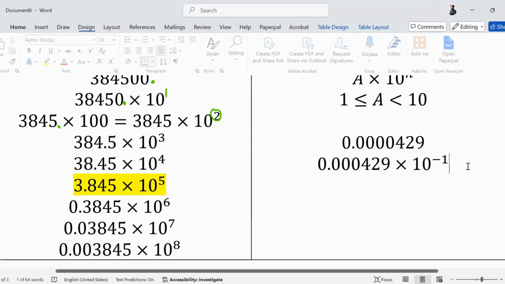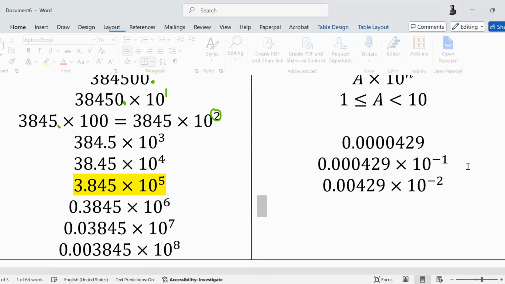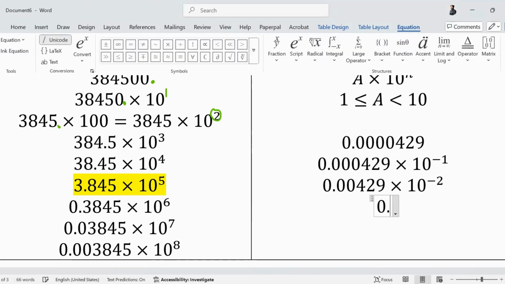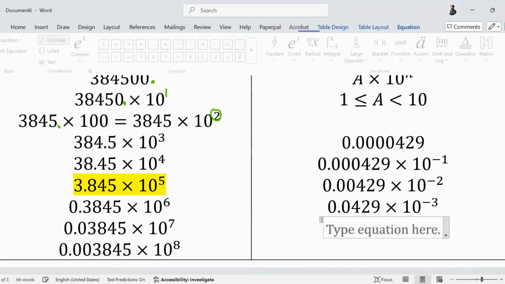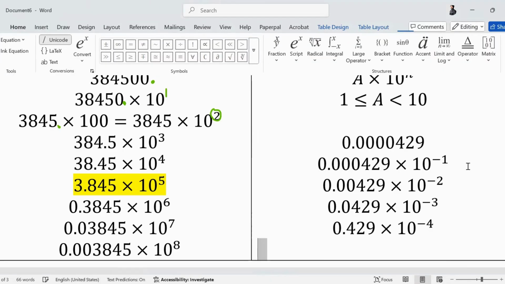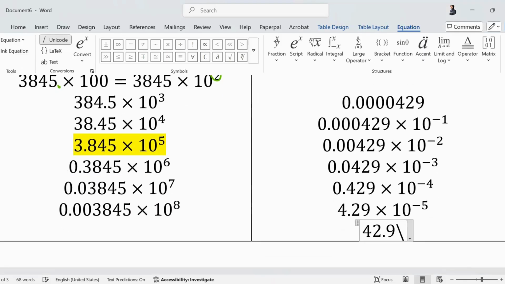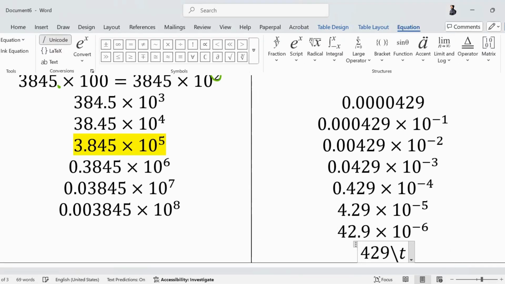Similarly, if I moved another decimal place, 0.00429, the exponent would be -2. Another decimal place, 0.0429, exponent -3. 0.429, exponent -4. 4.29, exponent -5. 42.9, exponent -6. 429, exponent -7.